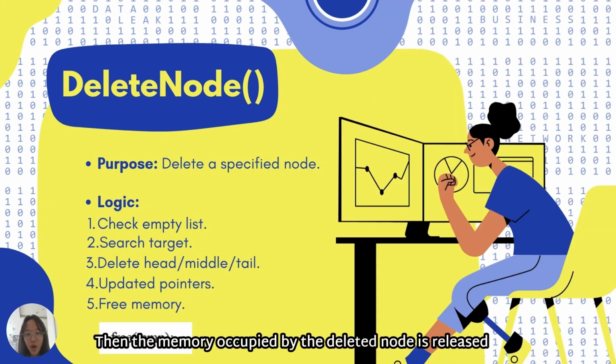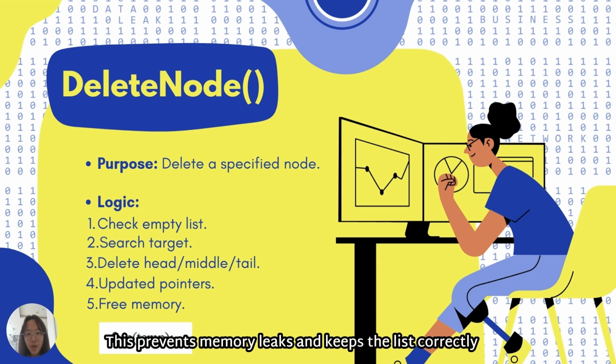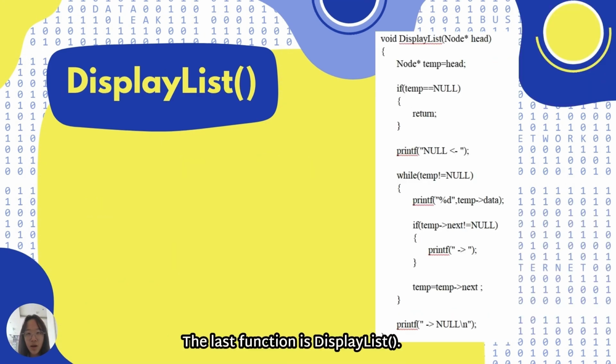Then the memory occupied by the deleted node is released. This prevents memory leaks and keeps the linked list correctly connected. Finally, an appropriate message is displayed.